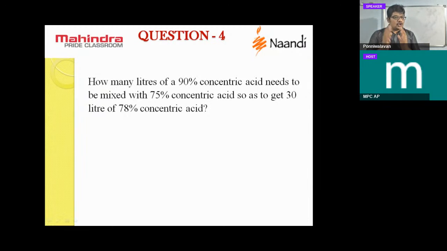Okay. Have you got the mixture value? Yes, 78%. Here they are talking about percentage.